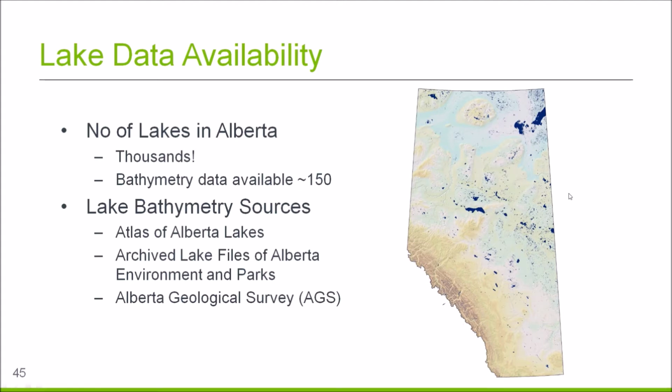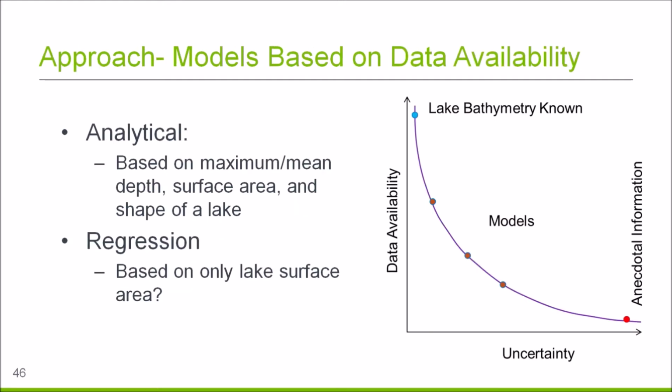We have many lakes in Alberta, but we only have bathymetry data for about 150 lakes. So we cannot use bathymetry data to find out volume or water availability information for all of the lakes, right? Look at the right side of the graph. It's a conceptual graph that I created. On the x-axis, we have uncertainty in information, and on the y-axis we have data availability.